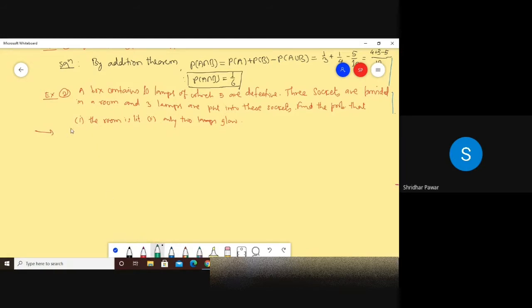Now see, the box contains lamps, of which 5 are defective, so total lamps 10, and 3 sockets are provided in the room and 3 lamps are put into these sockets.